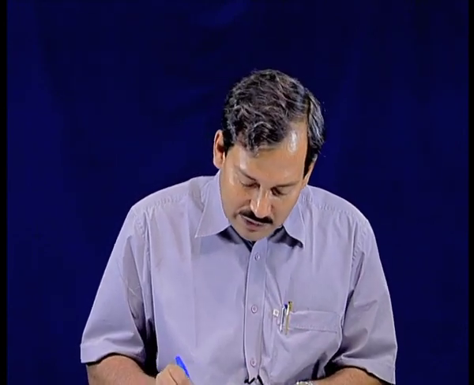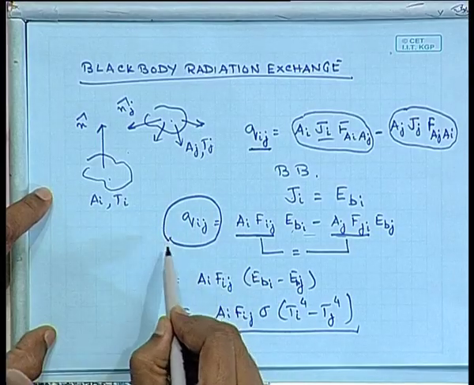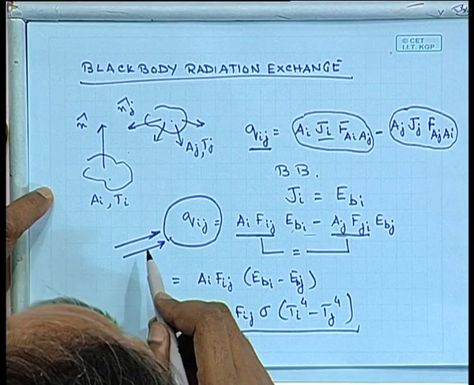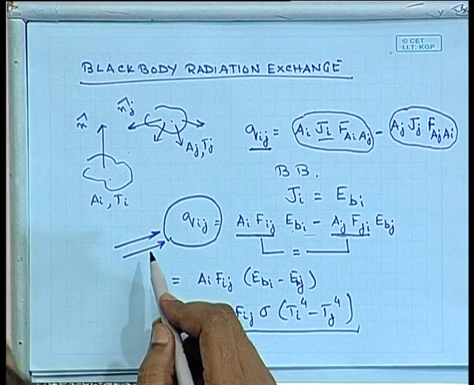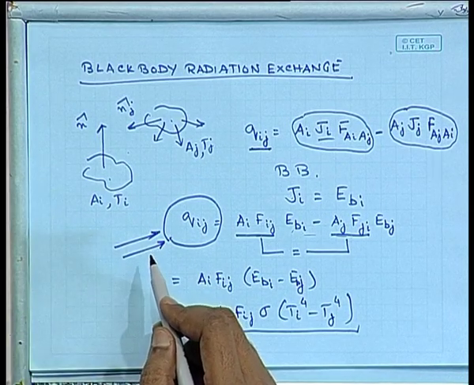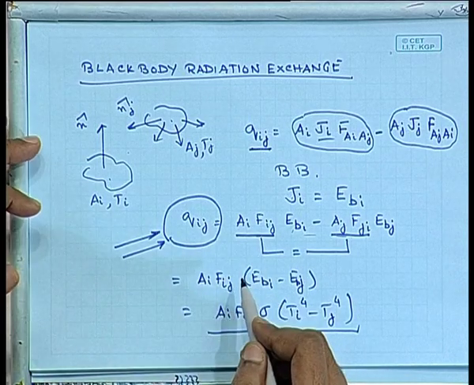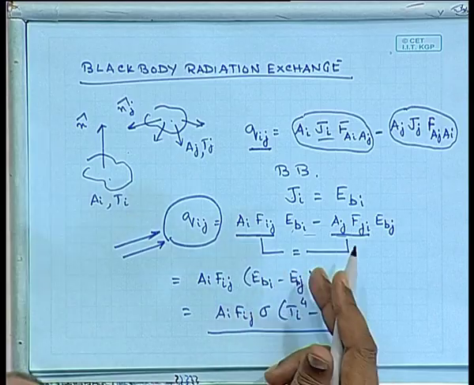This Qij, as an engineer, would be the most important thing for you to evaluate: the net amount of heat that you have to add or extract in order to maintain the steady state. So this is for two black body surfaces; we will go for real bodies and more than two surfaces. That's the radiation network method, which we will do in the next class.